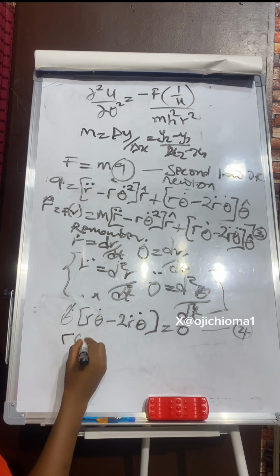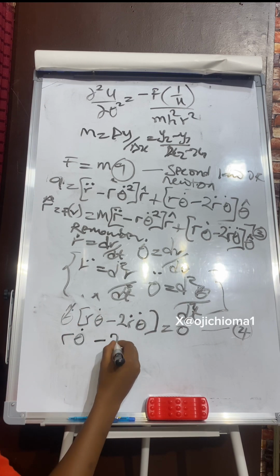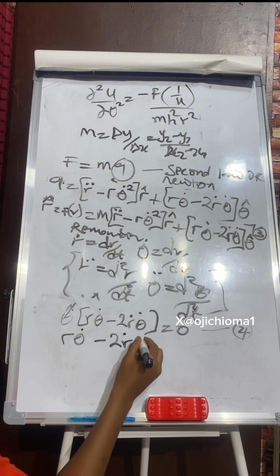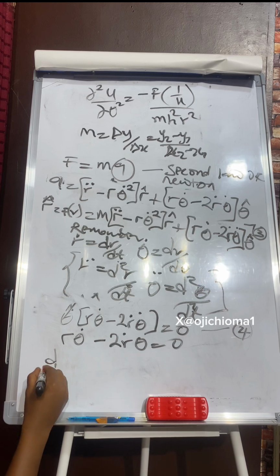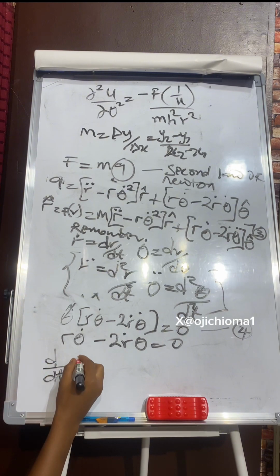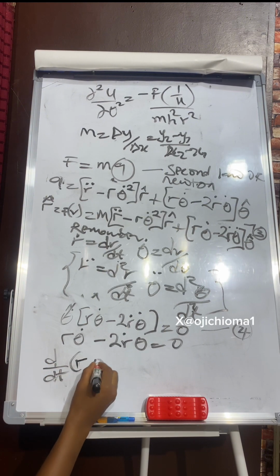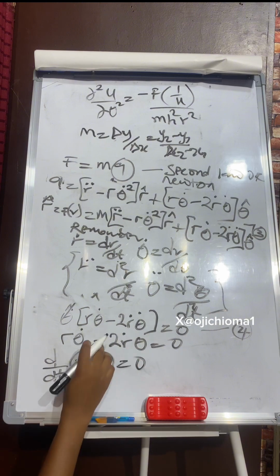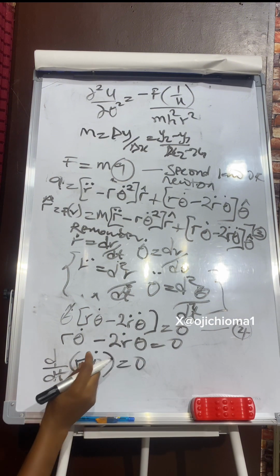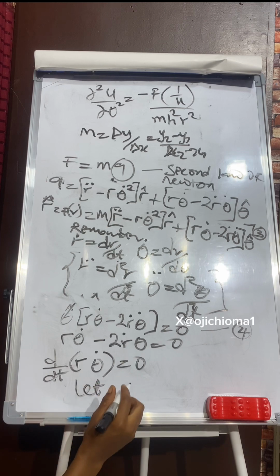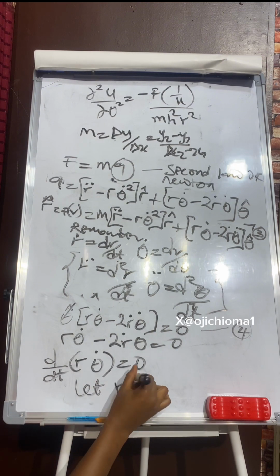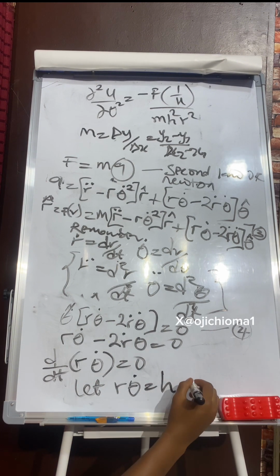Now we're going to do a breakdown there. Taking d over dt, we have r squared theta dot equal to 0. Take your time to do this breakdown. Let's assume r squared theta dot is equal to a constant h, which is a constant.